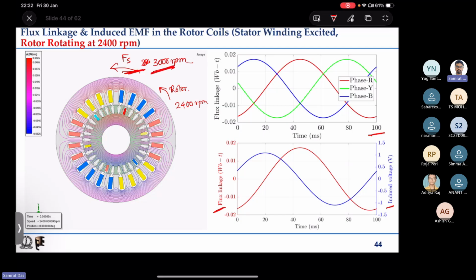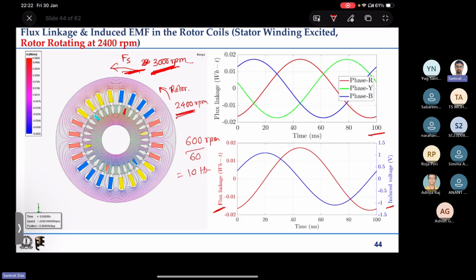That is 3000 minus 2400, so 600 rpm, and divided by 60 this becomes 10 hertz. So we are seeing 10 hertz sinusoidal flux linkage waveforms and 10 hertz induced EMFs in the rotor conductors.